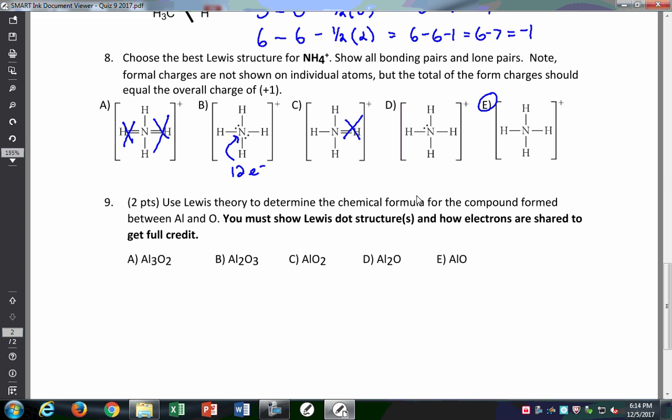So that's just wrong because we have too many electrons, but it's also wrong because nitrogen can't have an expanded octet. It cannot have more than 8 electrons. So that one's very wrong. D is also wrong because nitrogen can't have 10 electrons, and it's also too many electrons. So actually the only possible answer is E. Everything else violates our rules.